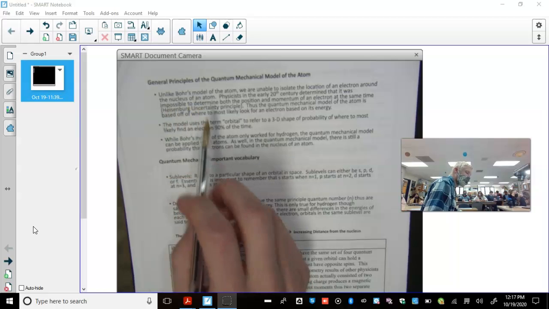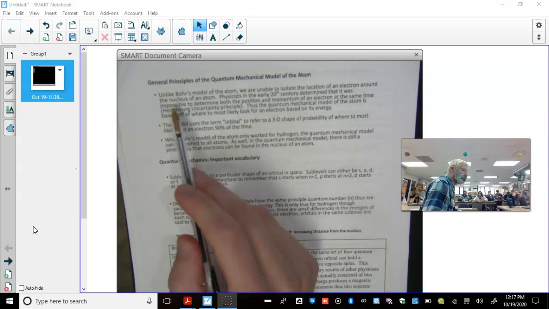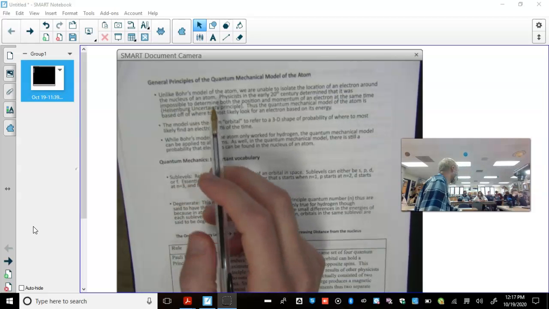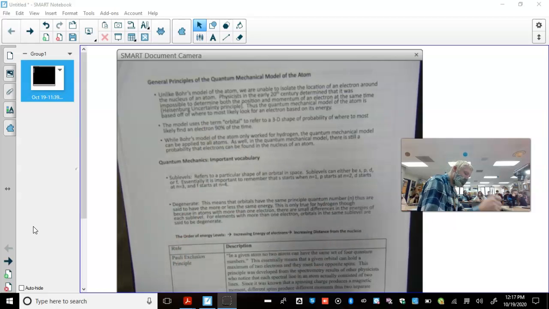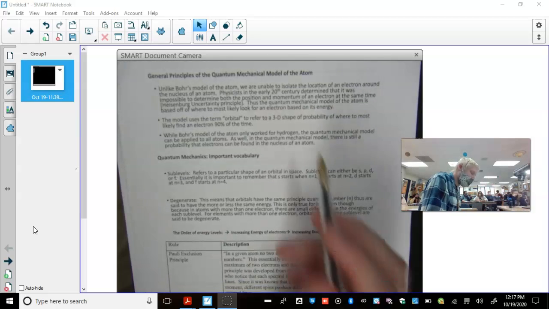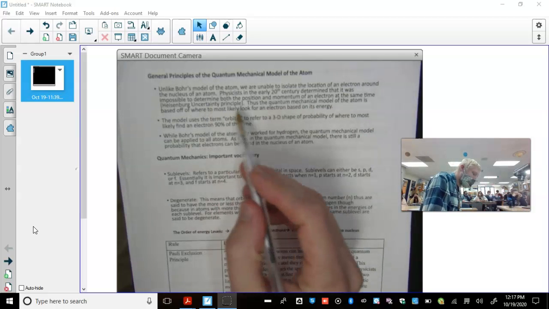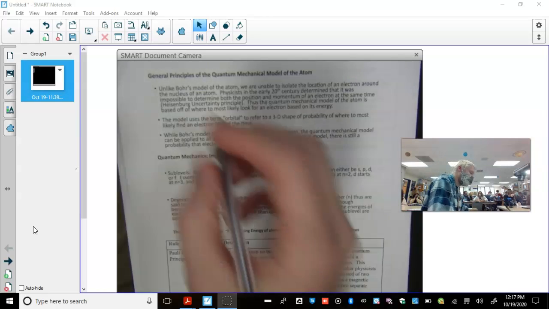Unlike Bohr's model of the atom, we're unable to isolate the location of an electron around the nucleus of an atom. That's called the uncertainty principle. We never know where it is. Let's write that down.